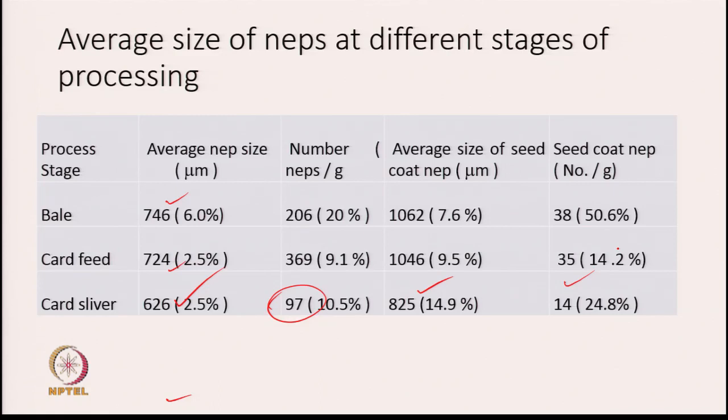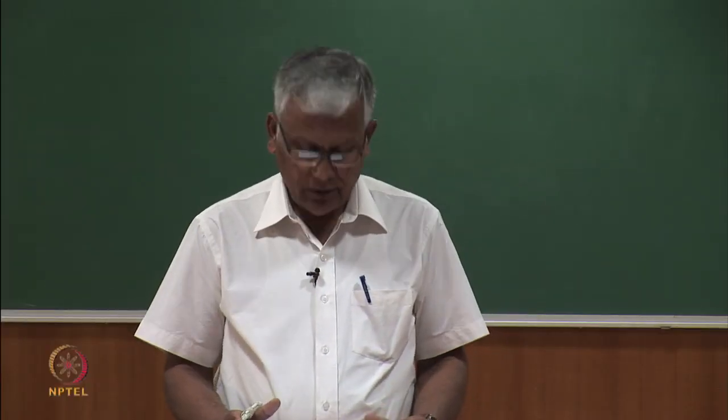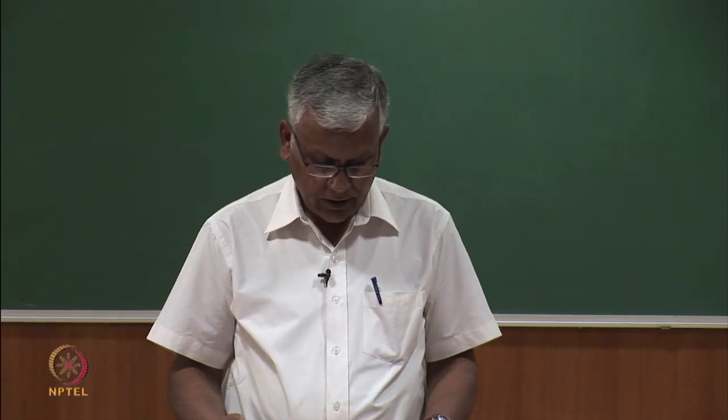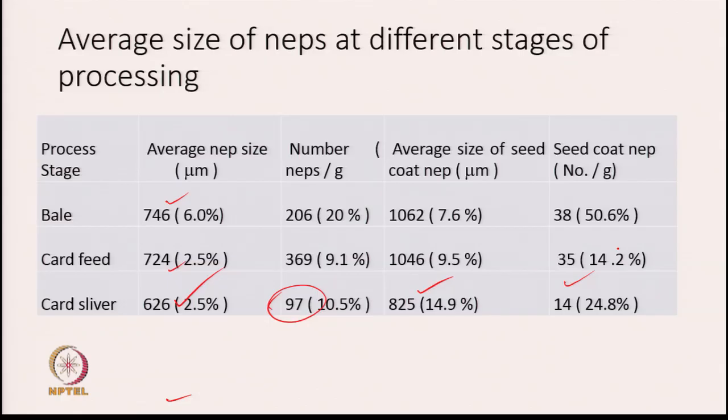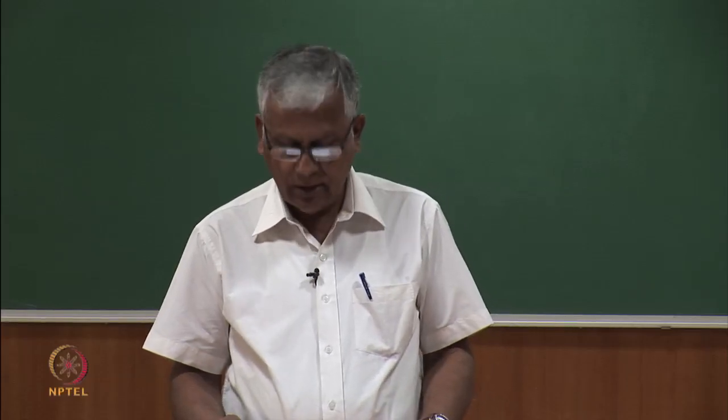That means, from these data we can conclude that if the carding machine is properly maintained and the process is properly chosen, we will find a reduction in nap size with respect to the bale, and a reduction in number of naps with respect to bale. So, the machine can reduce the number of naps, though there is some possibility of nap generation by the machine as well.